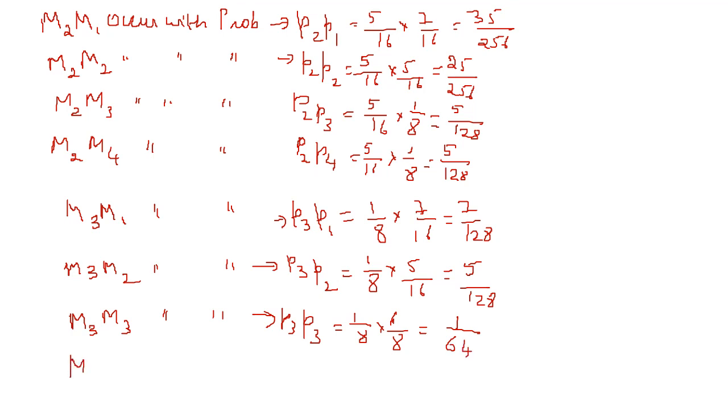The next message is M3, M4, which will occur with probability P3 into P4. P3 is 1 by 8 and P4 is 1 by 8, so you are going to get 1 by 64.